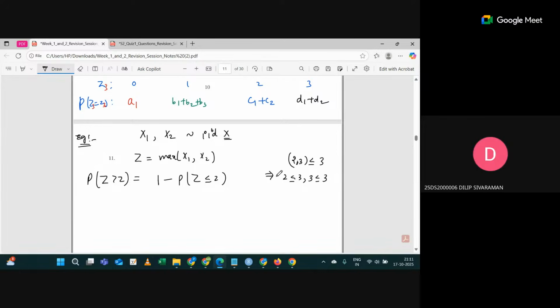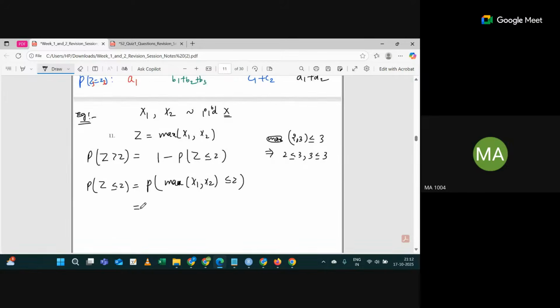See, I'm saying the maximum of 2 comma 3 here. Now if you are dealing with a maximum question and you converted to the less or equal sign, can I write this probability z is less or equal to z? This is nothing but maximum of x1 comma x2 less or equal to small z.